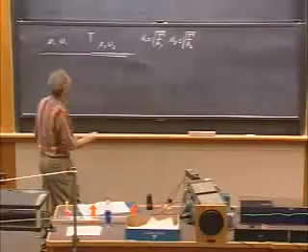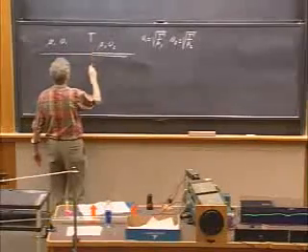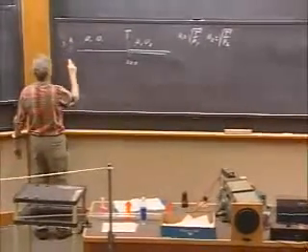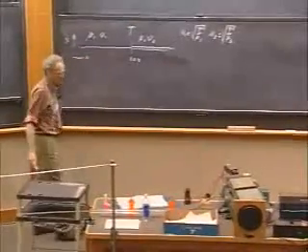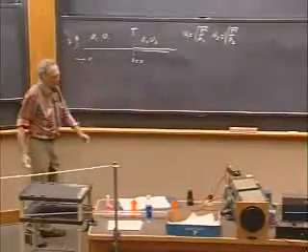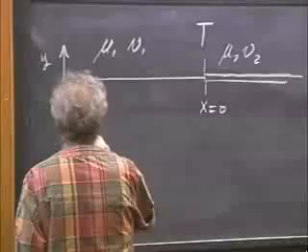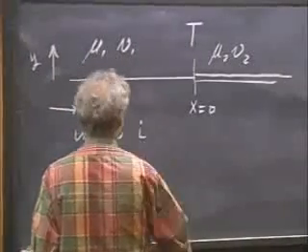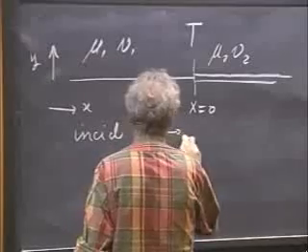I will call this point here, for simplicity, x equals 0, that is the junction, and this is the y direction, and this is the x direction. And I'm going to have a wave coming in from the left, which I call the incident wave. Incident, I will give that an I, moving in this direction.